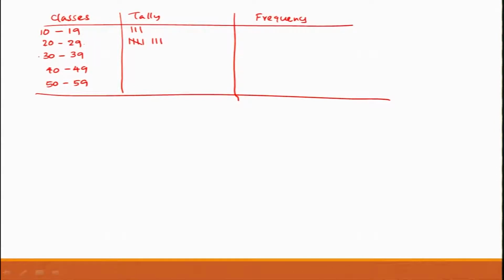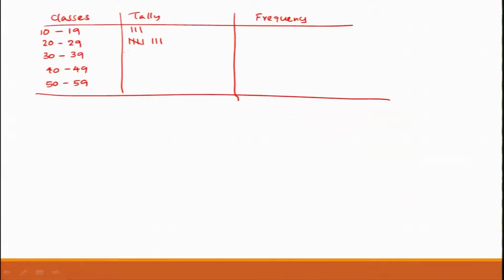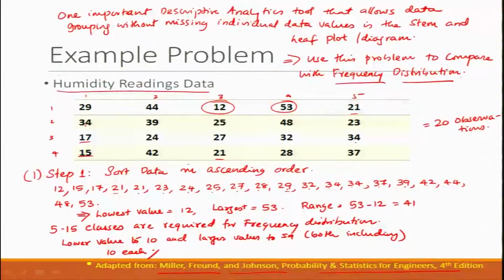Then the next class is 30 to 39. I can go and do it: 1, 2, 3, 4, 5. So, 5 of them. Next is 40 to 49: 1, 2, 3, 3 of them.